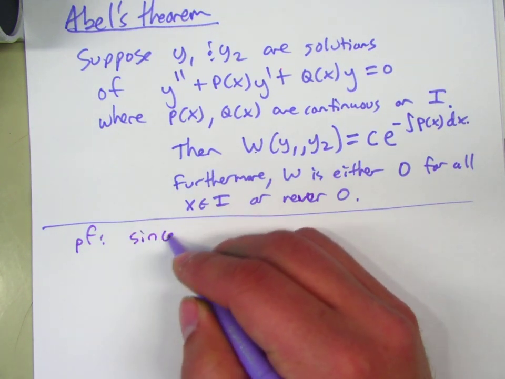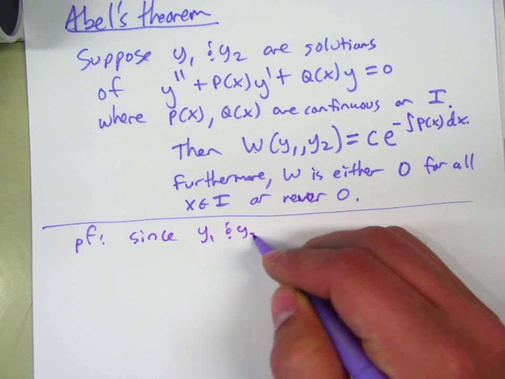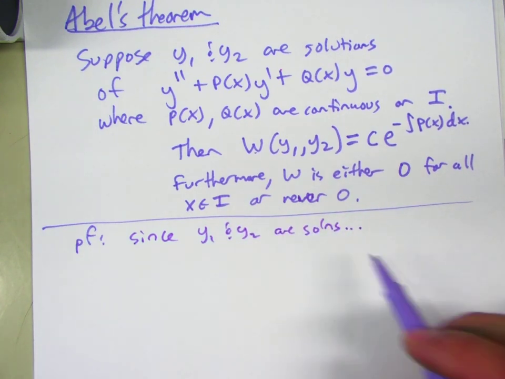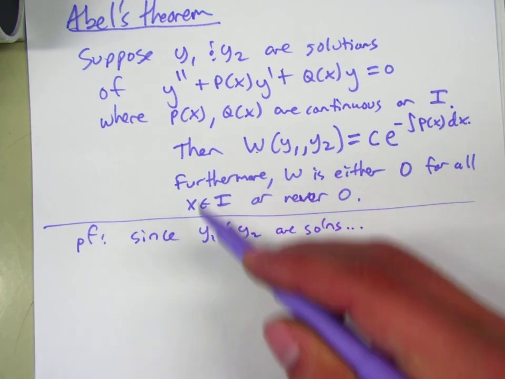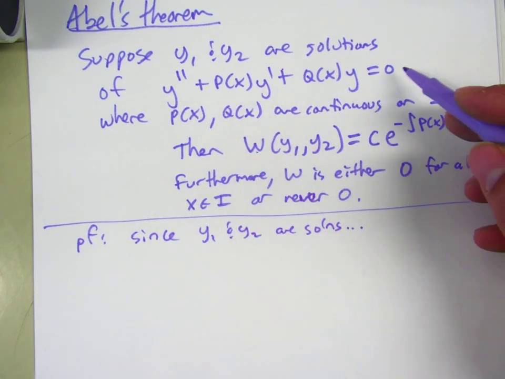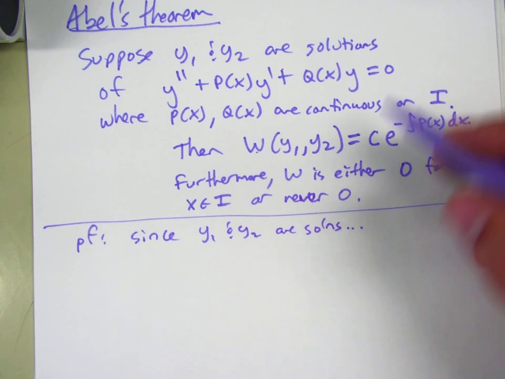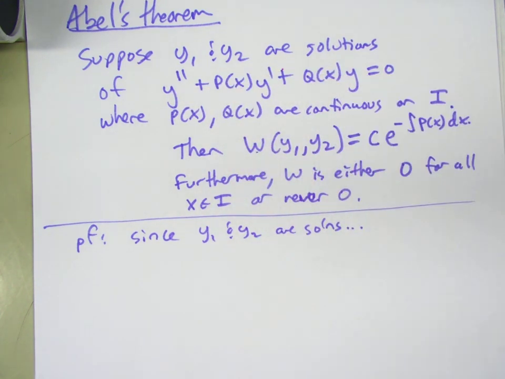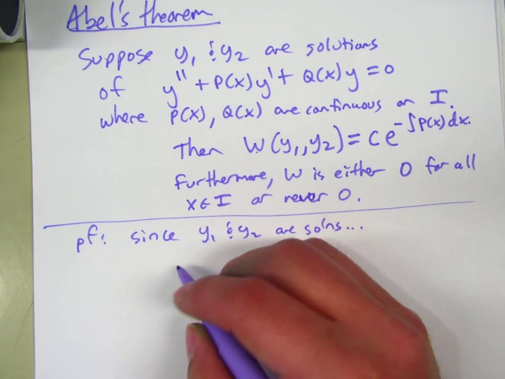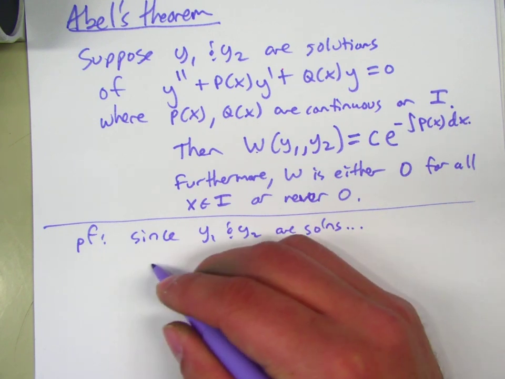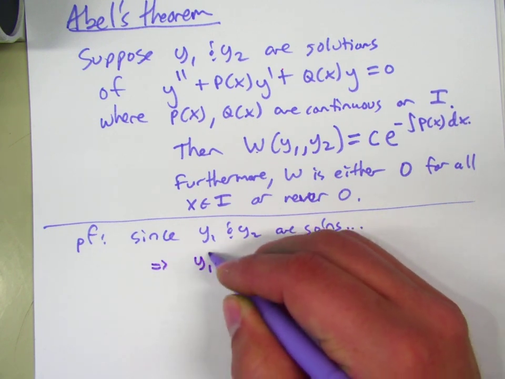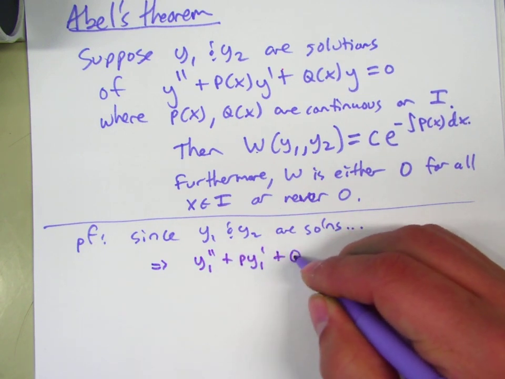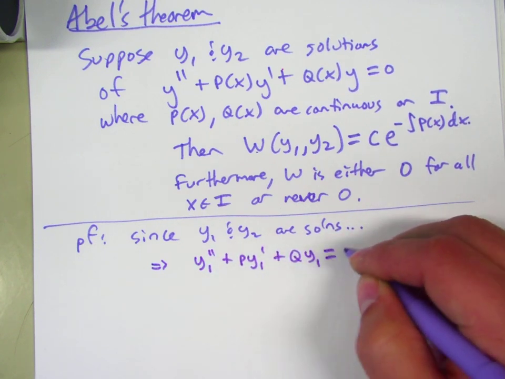Since we have that y1 and y2 are solutions, that means that I should, in theory, be able to plug in y1 into this, and it's going to equal 0, right? And if y2 is a solution, I should be able to plug y2 into the equation, and that's going to equal 0. So that means that y1 double prime plus p times y1 prime plus q times y1 equals 0.